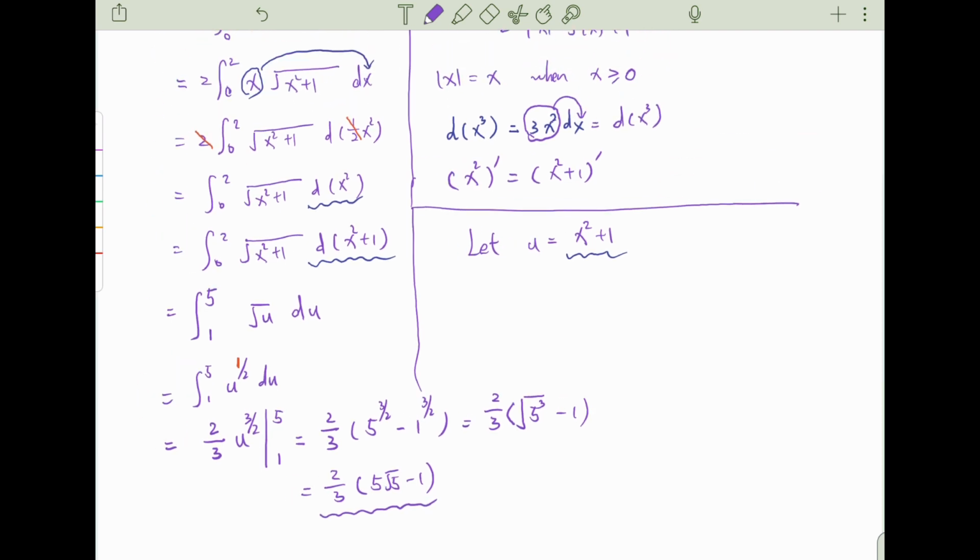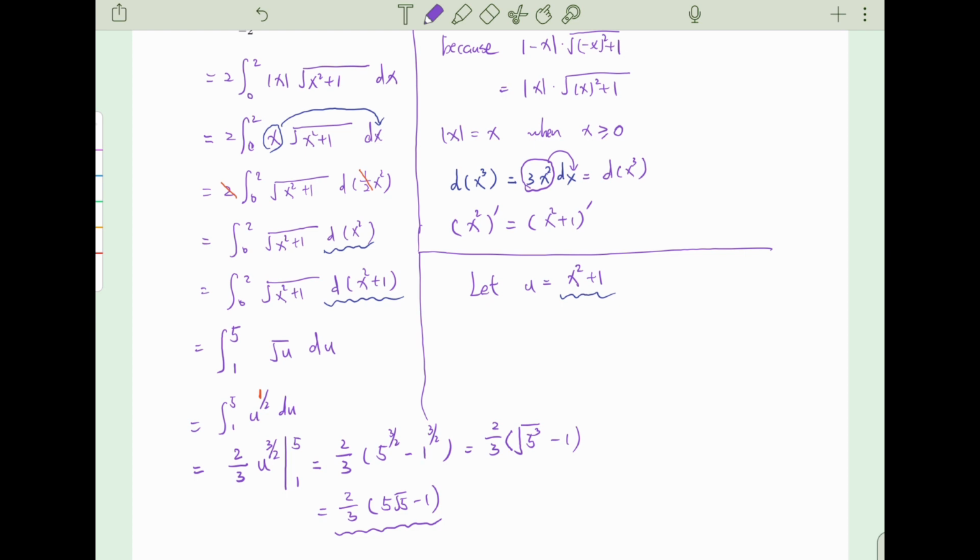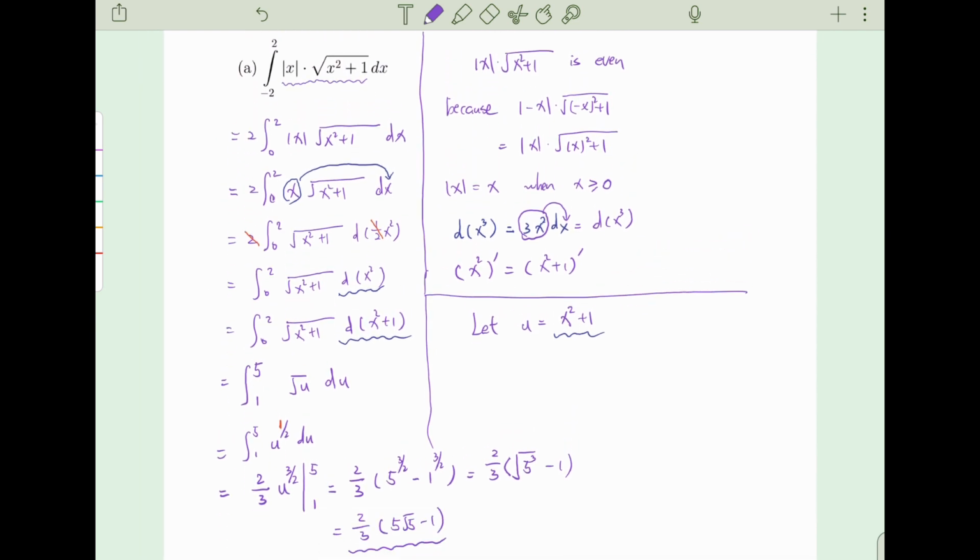Okay, so that is the final answer. If you don't like this expression, simplify it further, but that's not a big deal.